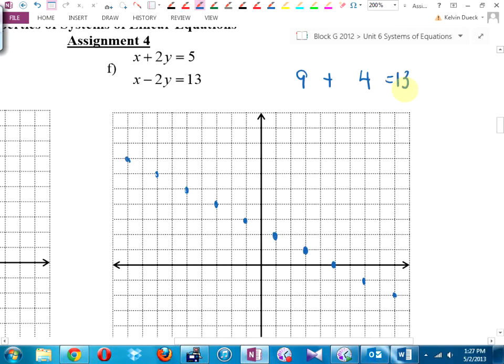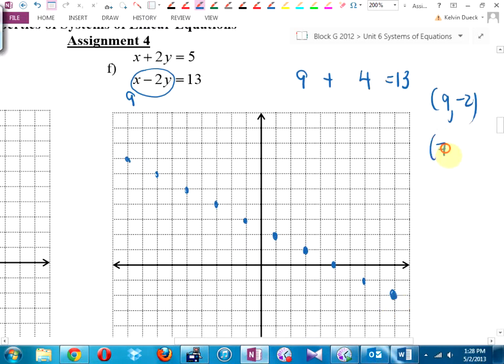Is that true? If I put a 9 there, I need to make this work out to a plus 4. You're saying when x is 9, y is negative 2. That's x is 9, 1, 2, 3, 9. Y is negative 2. And by a wonderful fluke, I just found where they cross because I've already put a dot there. But let's find a couple more.